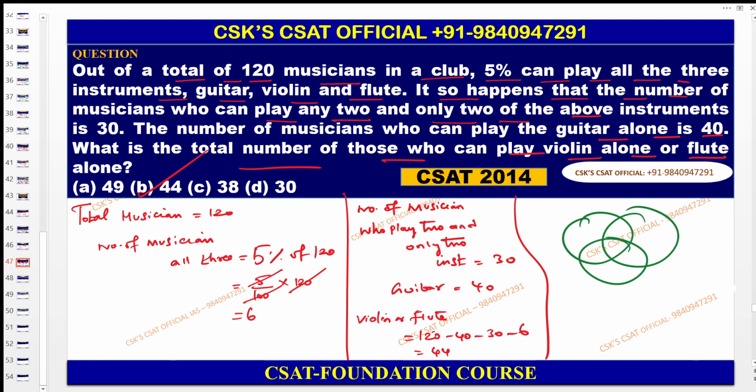So what do we mean by the statement that who can play any two and only two of the above instruments? What do you mean by only two? Which area do you need to take when you are doing the Venn diagram? There only you have to be very careful. Only two: which region?